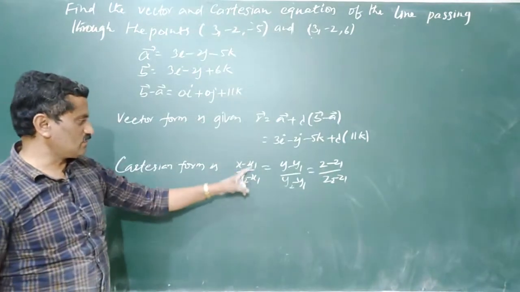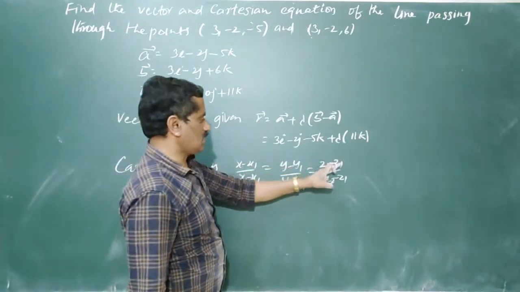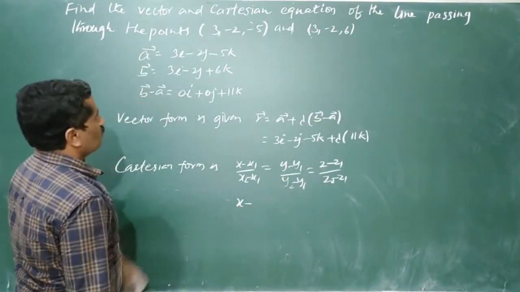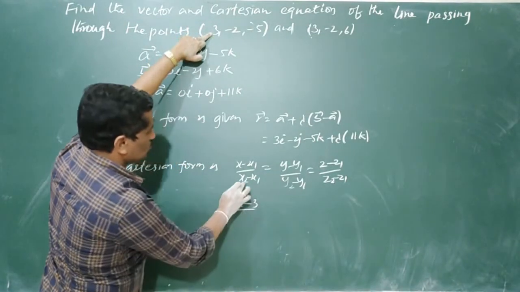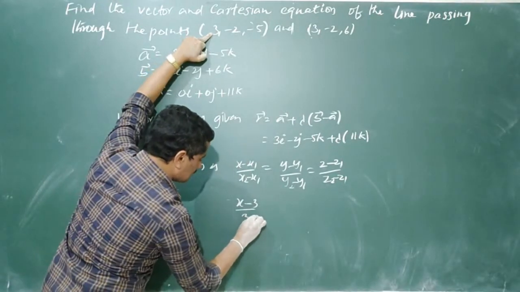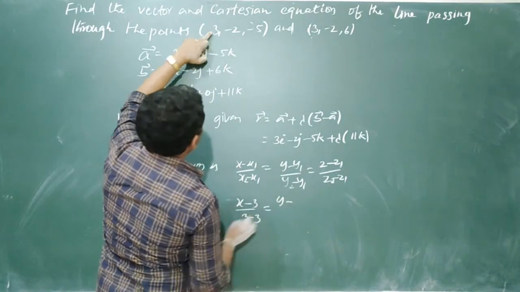Substituting the values of x1, x2, y1, y2, z1, z2. Again that implies x minus x1. What is x1? We have 3 by x2 minus x1, that is 3 minus 3, is equal to y minus y1. What is y1?